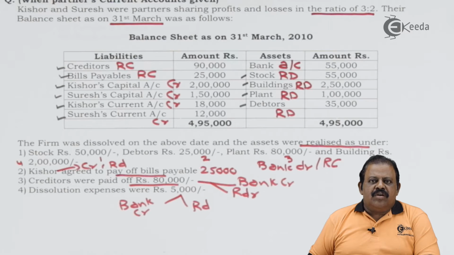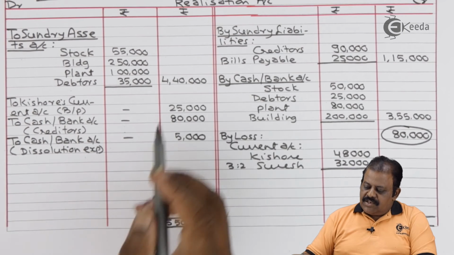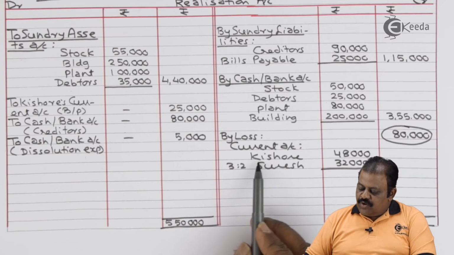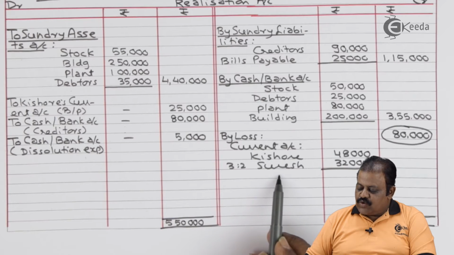Now we have to close realization account. Realization account is closed. There is a loss of 80,000 which is transferred to partners' current account, Kishore and Suresh.